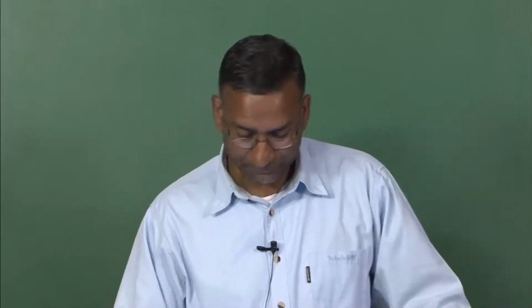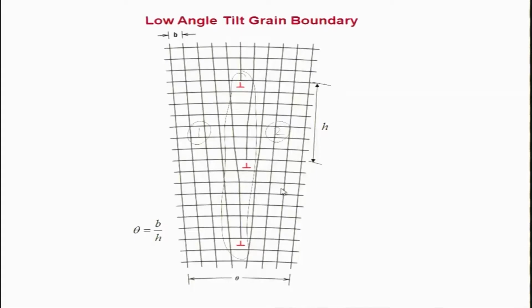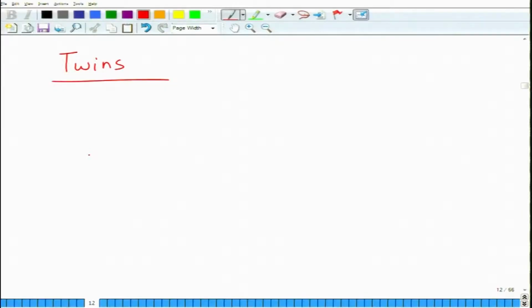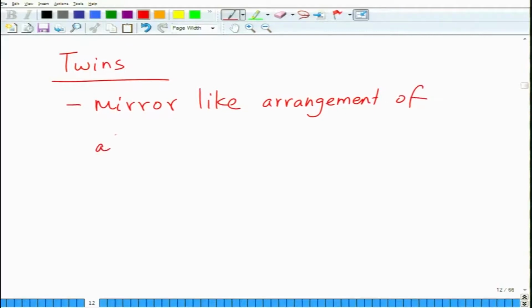Okay. And then we have something called a normal surface, which is basically, you can say, a twin is mirror-like across the boundary.